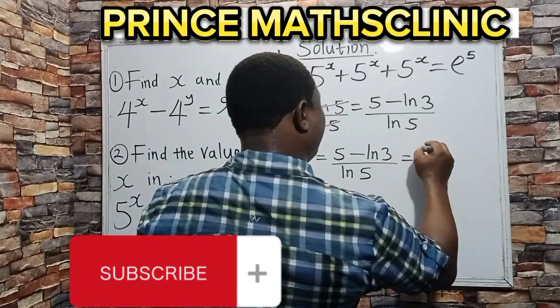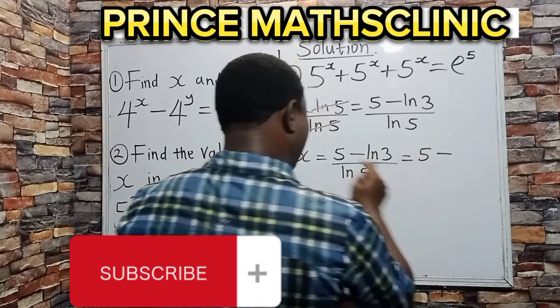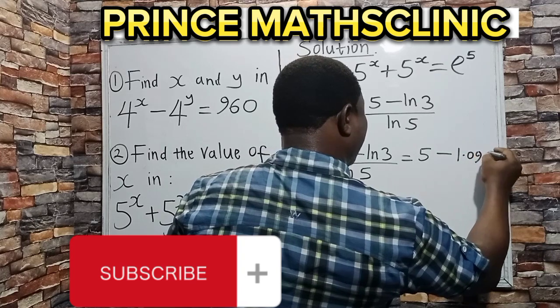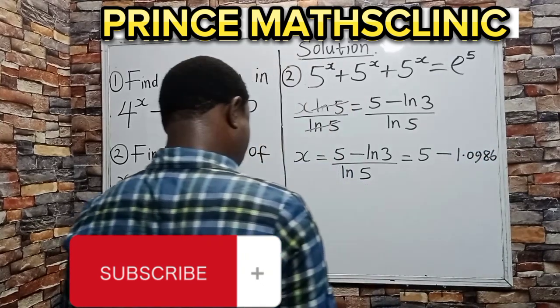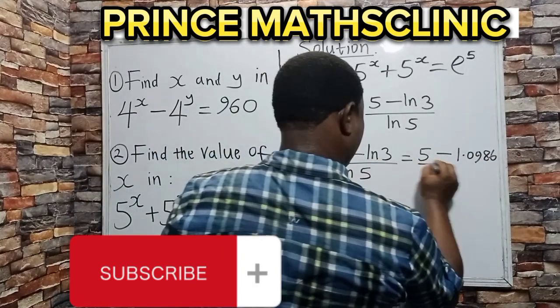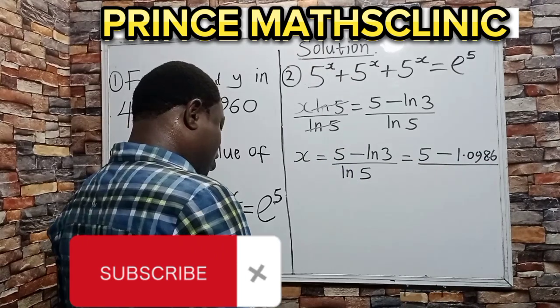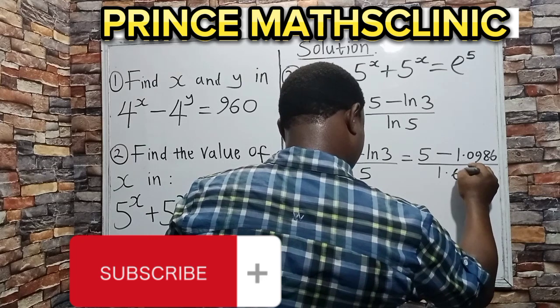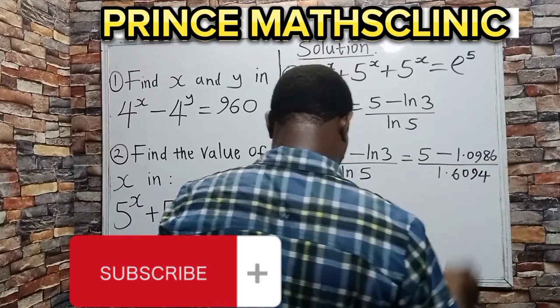Now ln 3 will give us 1.0986 and ln 5 will give us 1.6094.